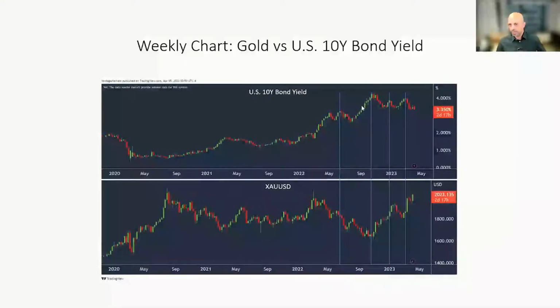So this is the macro environment that we were in 2022, at least for the first half to the third quarter, right? So this explains why the price of gold pulled back sharply despite a major geopolitical event taking place. So what happened? As you can see, our yields pull back. Every time yields pull back here and here, the dollar also pulled back together. And that's when we had some relief rallies in the price of gold as well, right?